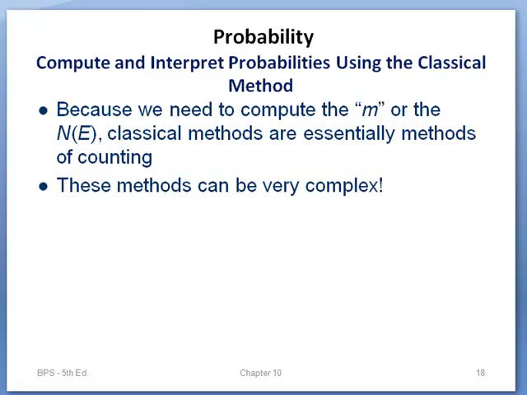Now computing, we'll have to find out how many are in our event, and even in our sample space. And these are essentially counting methods, combinatorics, and it can be sometimes quite complex to figure these out.